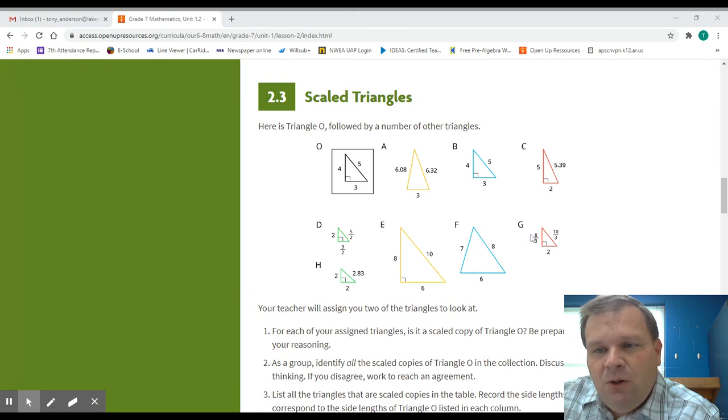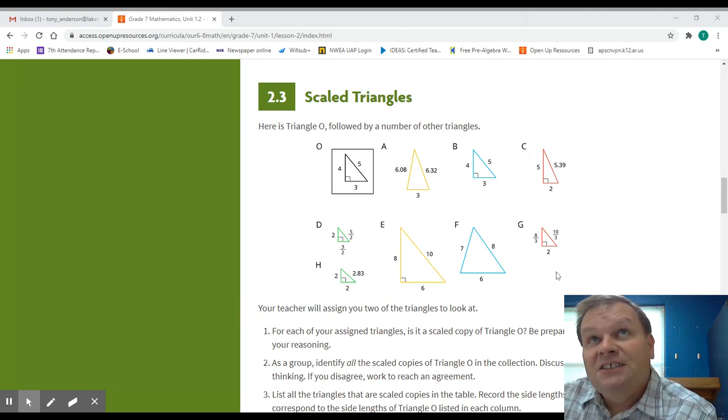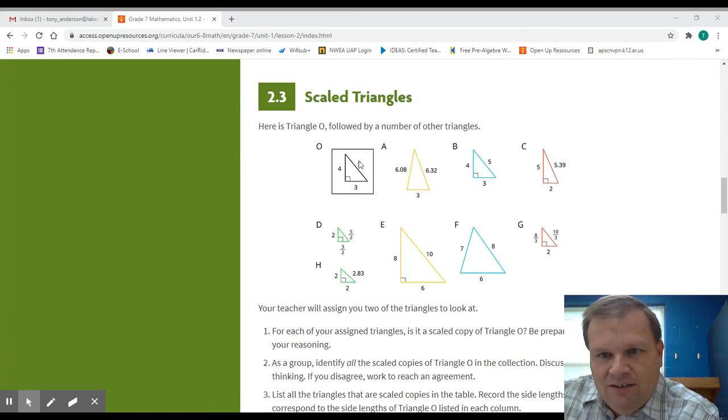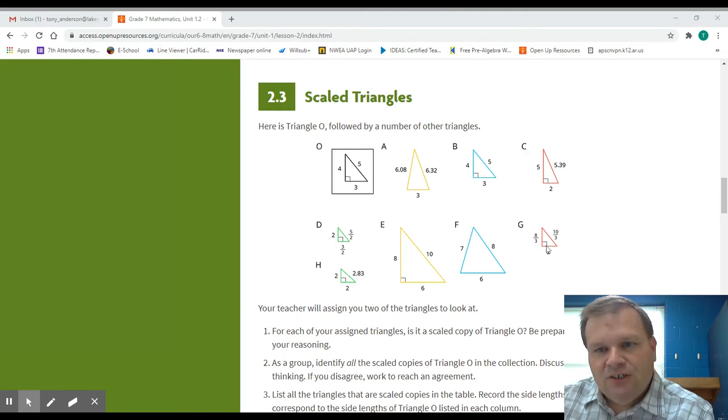So this is multiplied by 2/3. This bottom length right here, if I multiply it by 2/3, 2/3 would be 6/3. 6 divided by 3 is 2. Double 5 is 10. Divide that by 3. 10/3 would be it. So the scale factor between O and G would be 2/3.